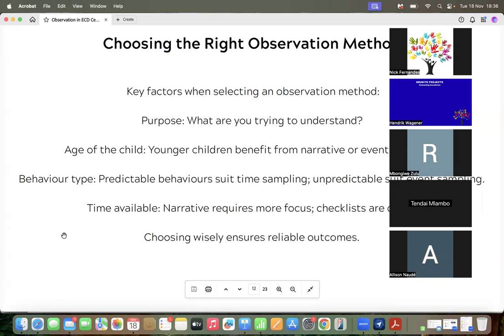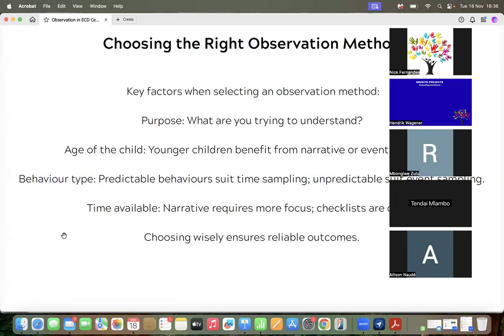All right, let me just jump in here quickly. Let me remind you again of the different types of observation methods. We have the narrative one, which is when you write it like a story, and that's usually for children when they're still very young. So you'll say, this morning Sibo came to the classroom, he ate a banana, he greeted his friends, he was happy, he waved at me.